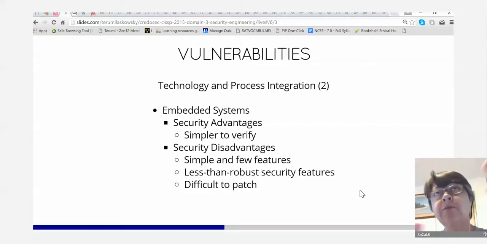It's simple with fewer features, very purpose-built. They may not be able to put so many features onto these little embedded systems, so there'll be less than robust security features, perhaps. Difficult to patch because it's mostly hardware. So that's basically what they're talking about.